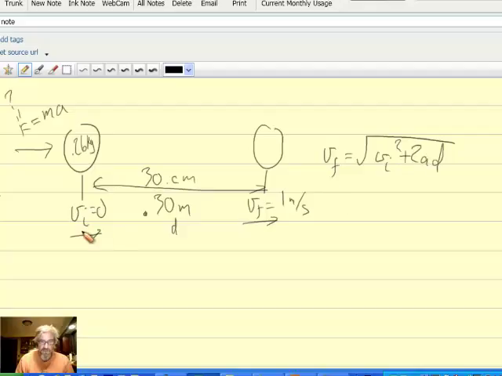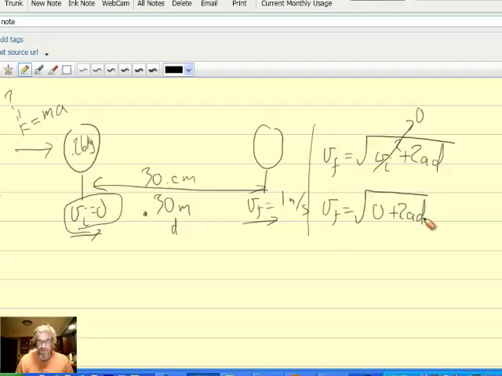We can write down VF is equal to the square root of 0 plus 2 times A times D. So that means, if we square both sides, VF squared is equal to just 2 times A times D. So if I divide both sides by 2 times D, here's what I get. VF squared divided by 2D is equal to my acceleration.